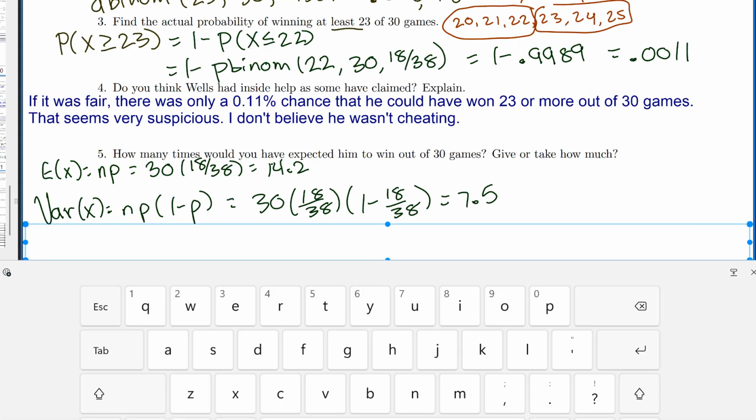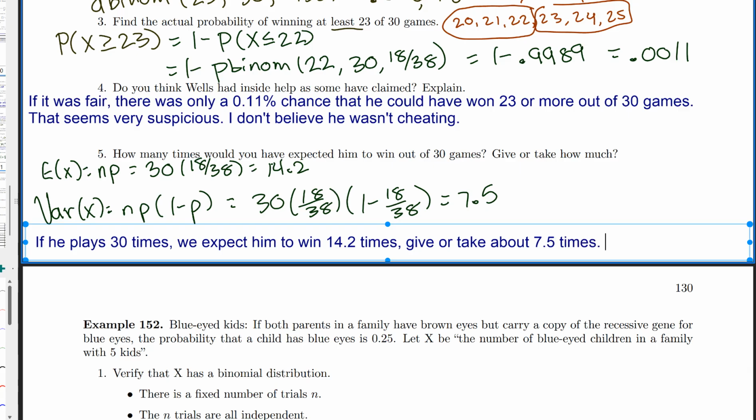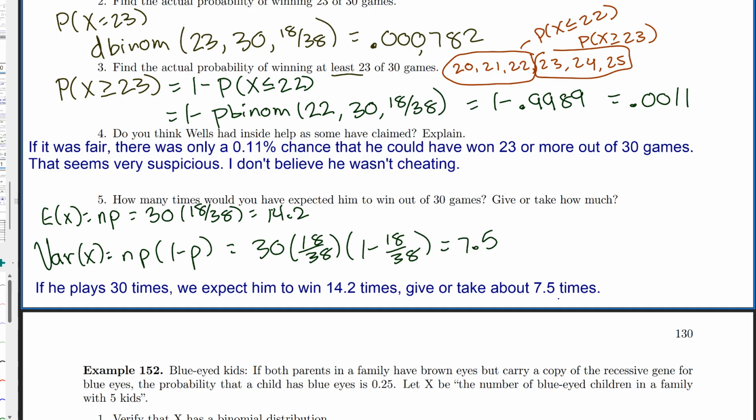And what does this all mean? This means if he plays 30 times, we expect him to win 14.2 times, give or take about 7.5 times. So we expected him to win about 14 times. He actually won 23 times. Again, that ended up being suspicious. I said 7.5 times. I am so sorry, I was not paying enough attention.